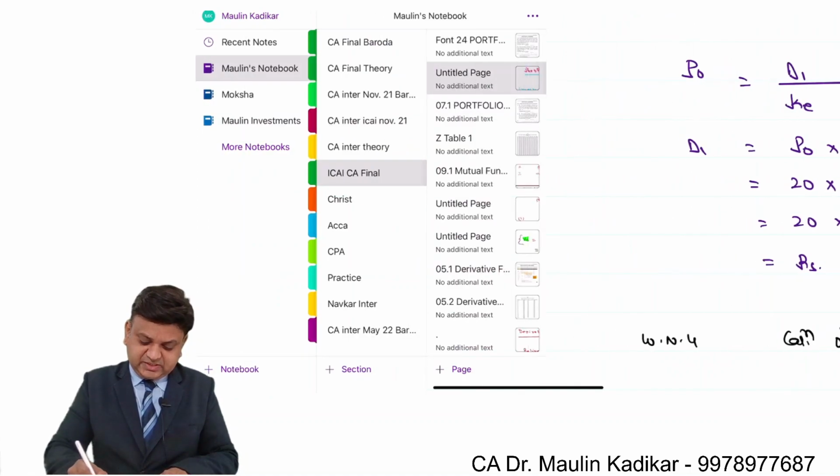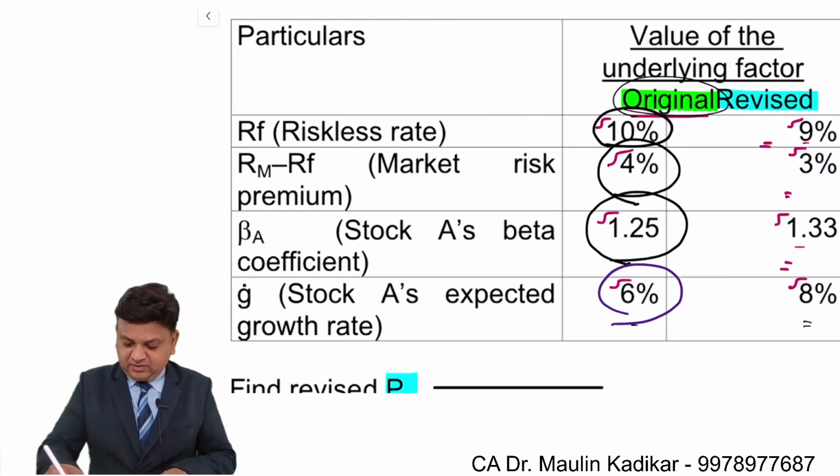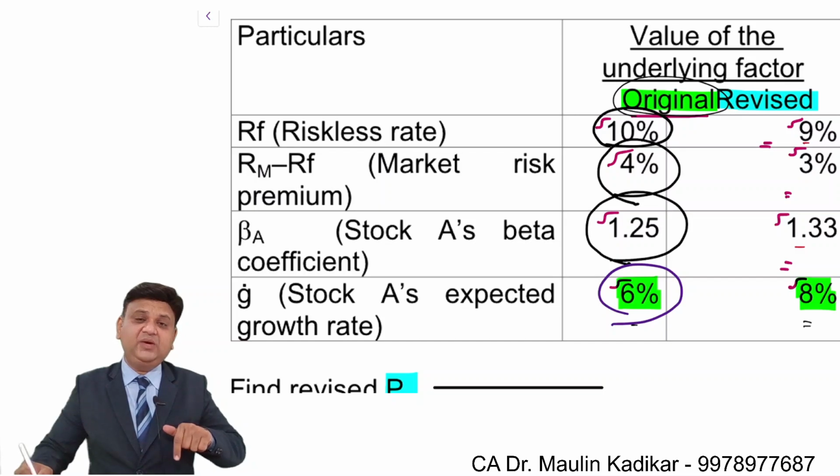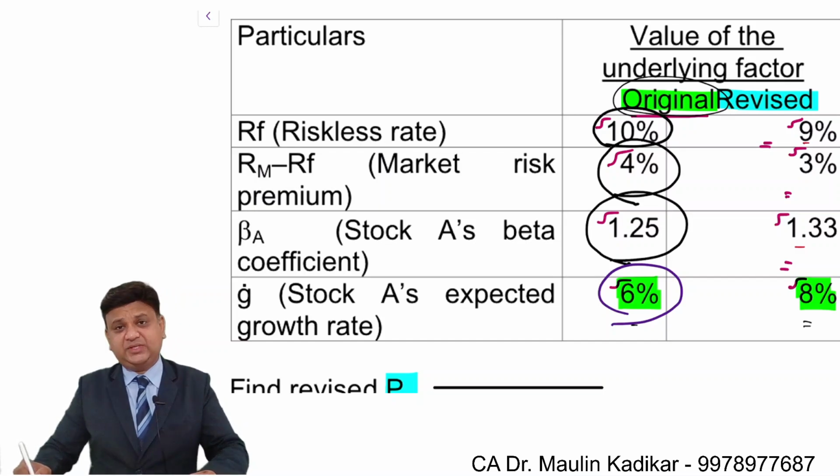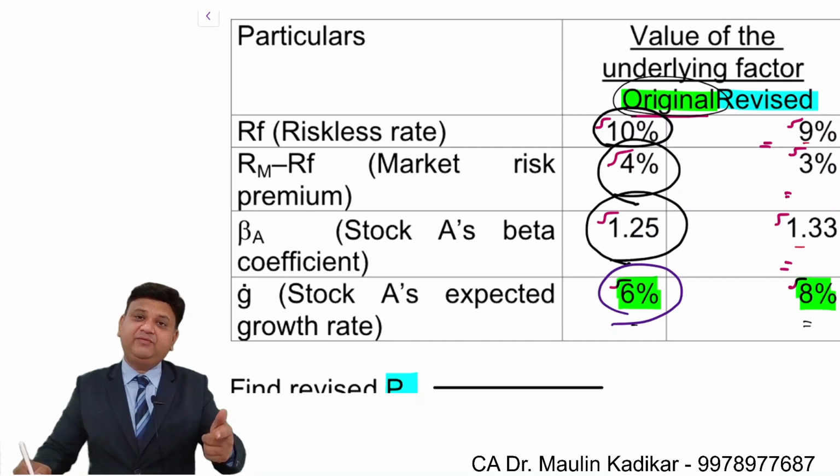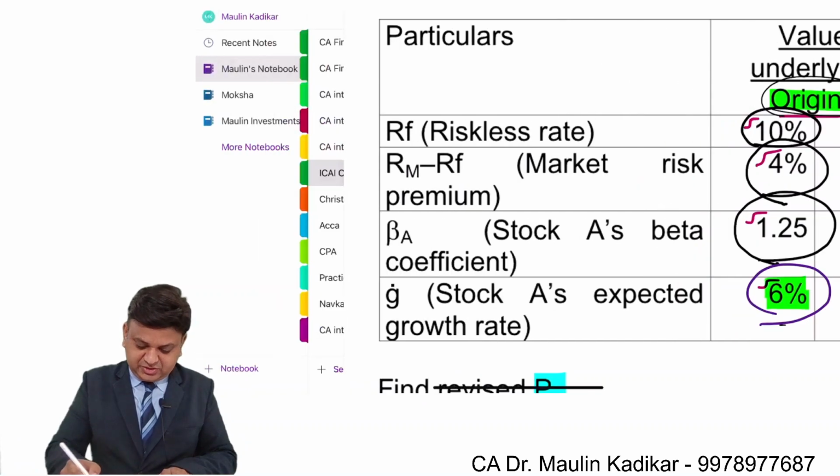Dear students, right now the growth rate is 6% and the revised growth rate is 8%. So the D1 given to us in the question is using the growth rate of 6%. Now the same dividend will grow at the rate of 8%.